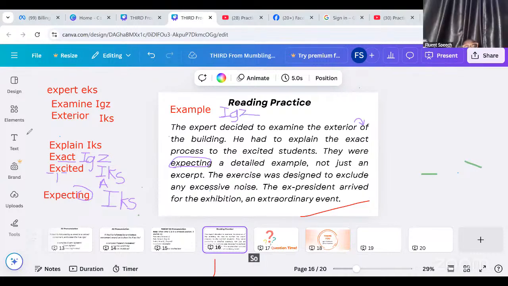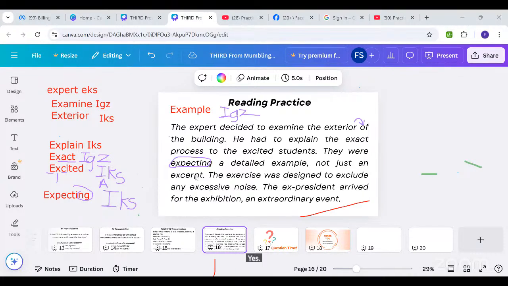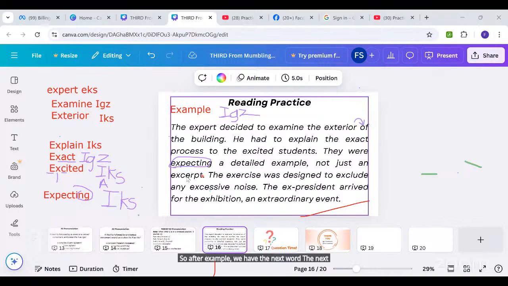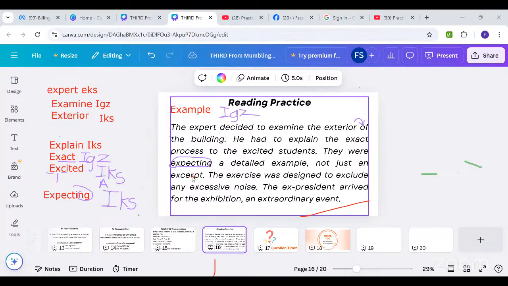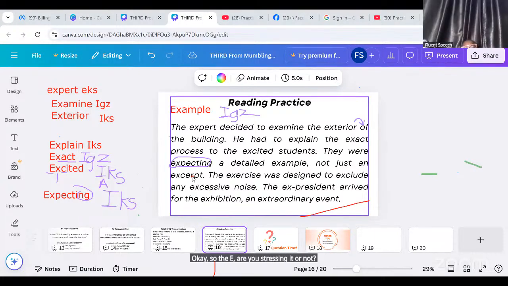After example, we have the next word. The next word is below the second word. Can you see it now? Except. Is it the one you're talking about? So the E, are we stressing it or not?